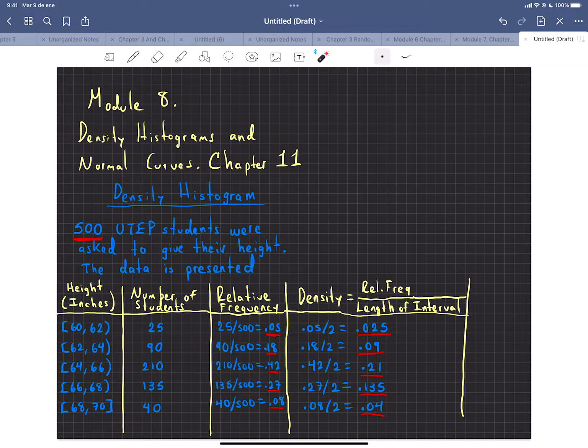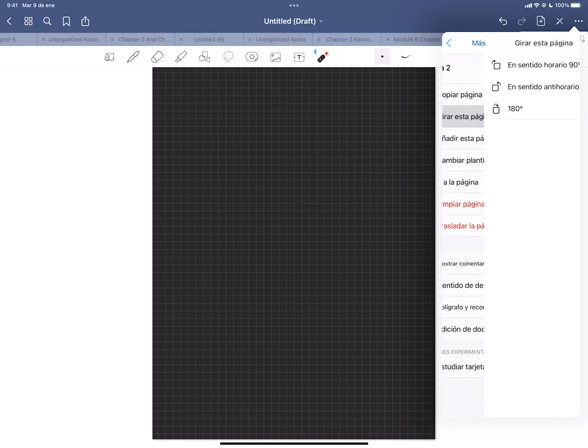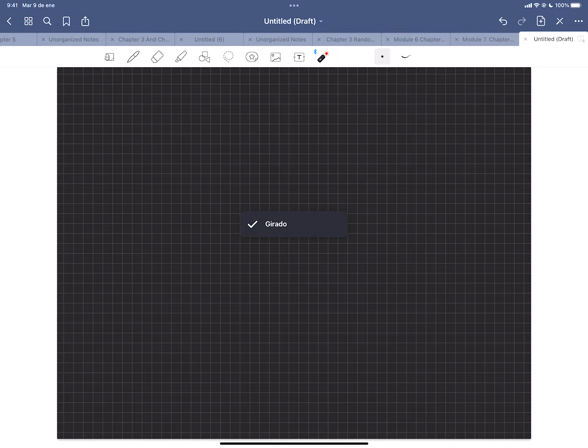So what is this for? Now that we have this, we can create the density histogram. How do we create that? In the next way. Density histogram.